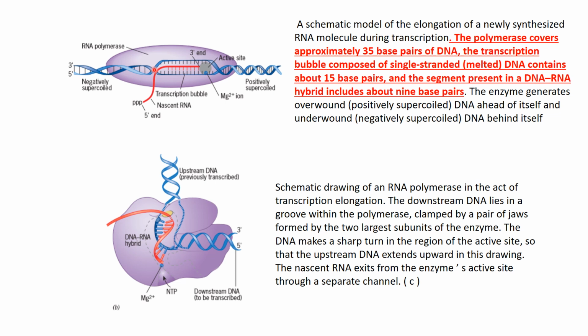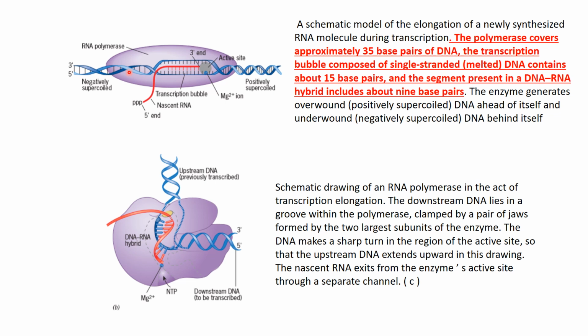For example, if you try to open up a rope, what happens when you open it up? At the point where there is a split, it tightens all the more. It supercoils. Similarly, the side where the polymerase is moving is also supercoiled, which is called positively supercoiled, and the rear end shows negative supercoiling.